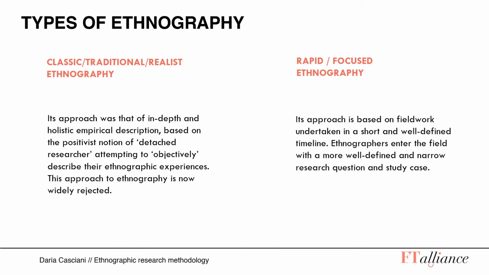There are many ways in which ethnography could be done, and along the history of ethnographic research, many different kinds of ethnographic methodology were popping up. A fundamental distinction that we can include in this lecture may be drawn between classical and focused ethnography. Classical ethnography in the tradition of the Chicago School is characterized by long-term immersion in the field, openness, and description of impressions and experiences.